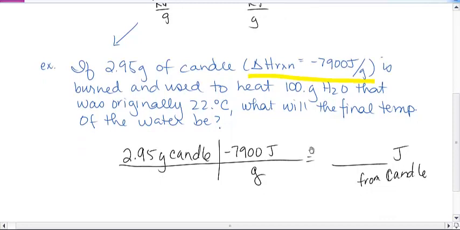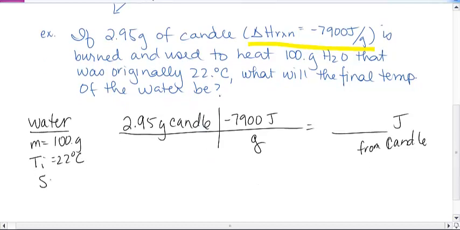And then if I have water, I've got a mass of water of 100 grams. I've got an initial temperature of 22 degrees Celsius. Of course, I've got a specific heat of water. I don't know the final temperature because I'm trying to figure that out.